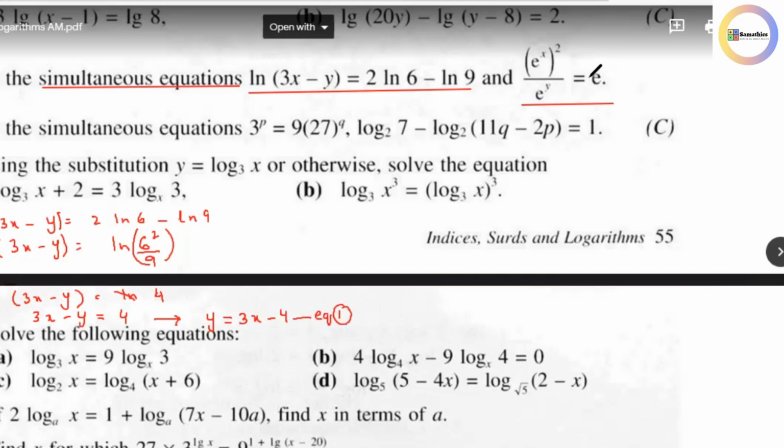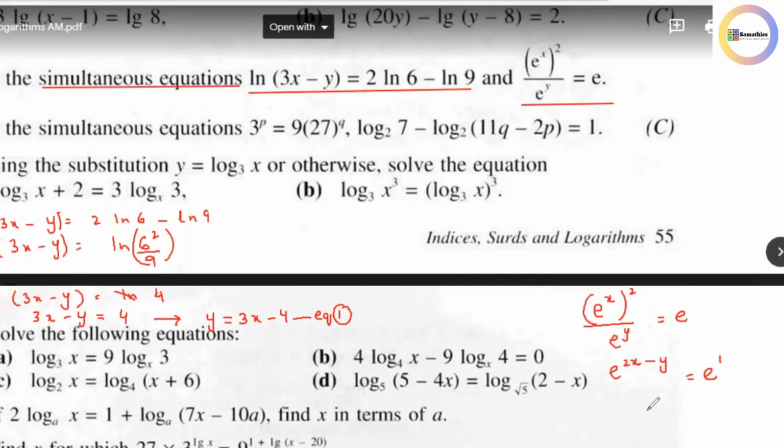So this is the first equation we have got, right? The second equation we will get from this one. Here we have e power x, and then outside the power 2. You have done this in indices as well: e power 2x. When you take y from the denominator to the numerator, it becomes minus y, and here we have e power 1, right?